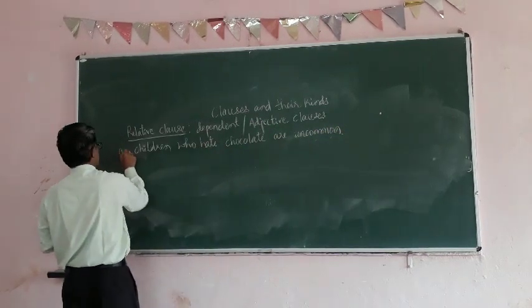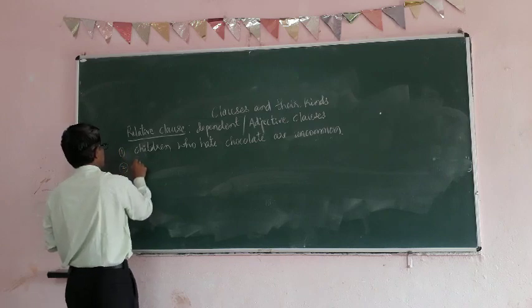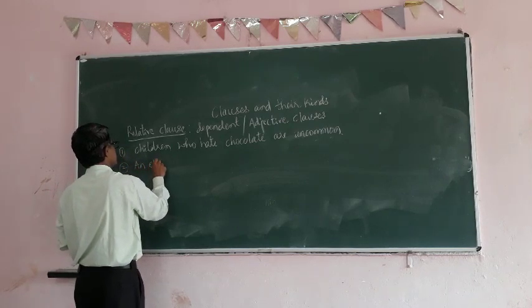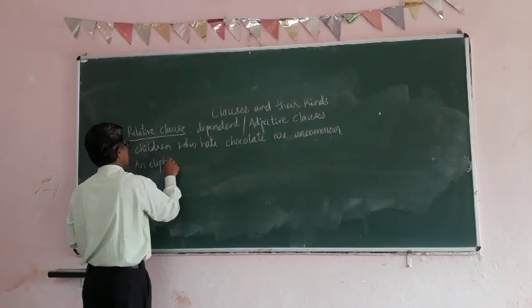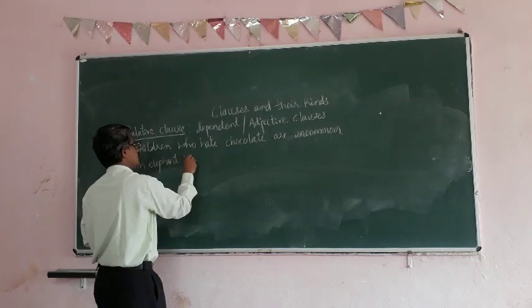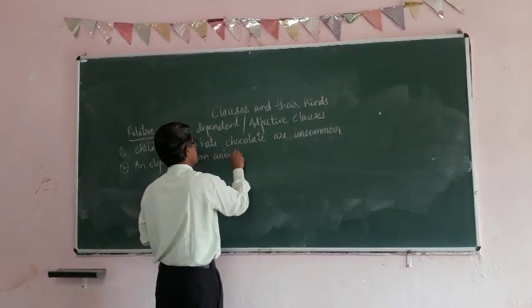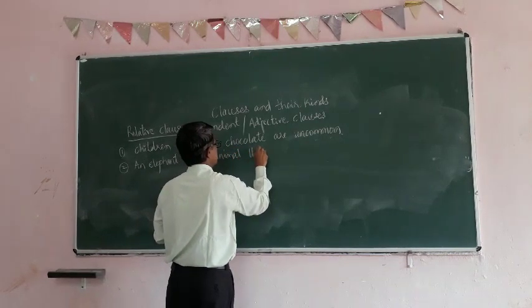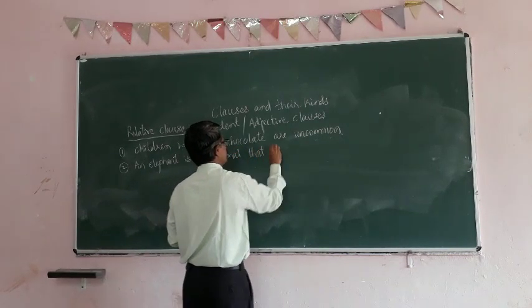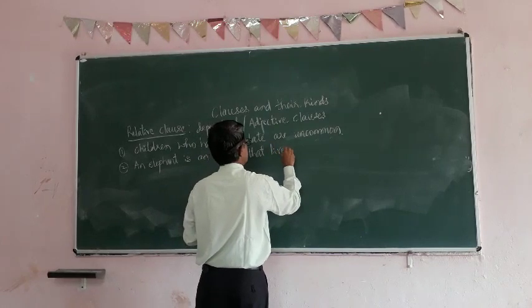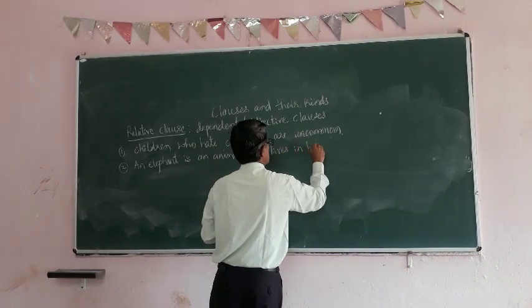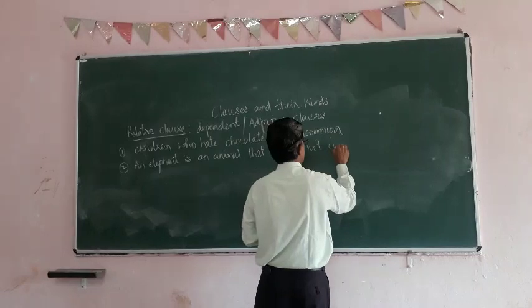And second example, an elephant is an animal that lives in hot countries.